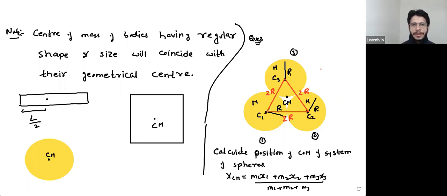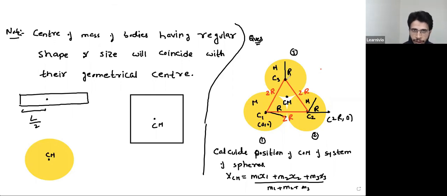Okay, if I take C1 as the origin, Sania, can you tell me the coordinates of these points? What are the coordinates of C2? 2R, comma, 0.